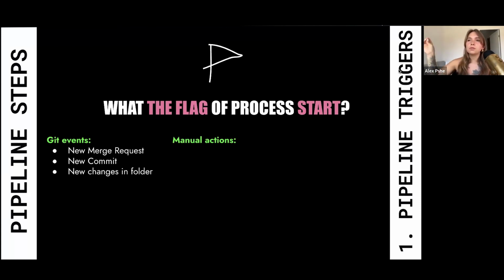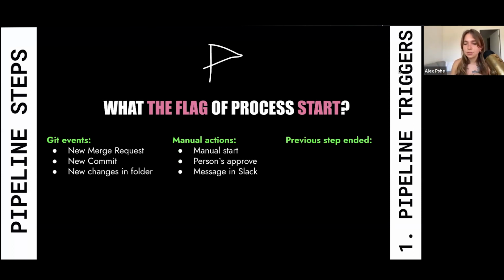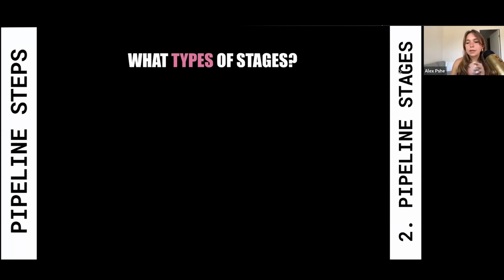So it's a manual start, personal approval, or a message in Slack; there can be different sources of manual actions. Another type of trigger is when a previous pipeline triggers this new pipeline, if we have this chain of processes. You just have to choose which method is the most appropriate for you based on your whole process map.